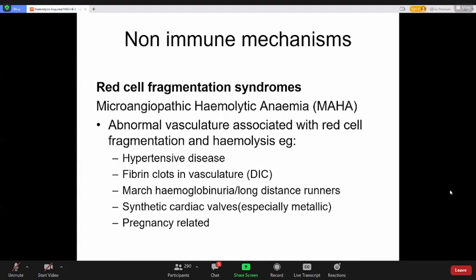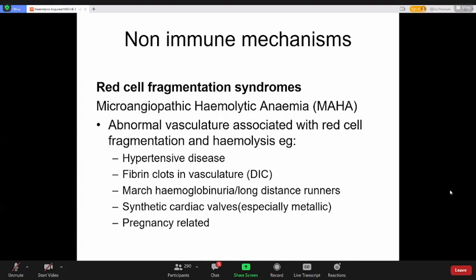You can have what we call red cell fragmentation syndromes, and red cell fragmentation syndromes give rise to what is called microangiopathic hemolytic anemia. Microangiopathy just means that red cells are damaged in small vessels, microvessels, in the microvasculature.